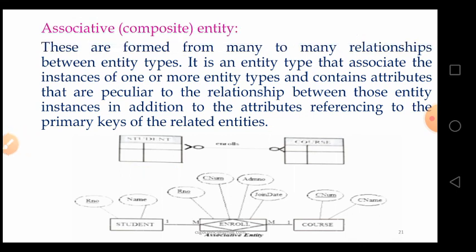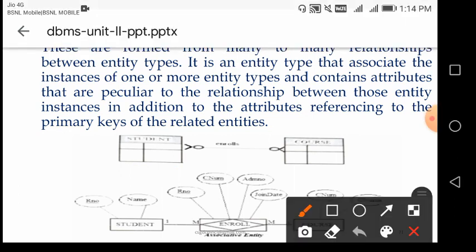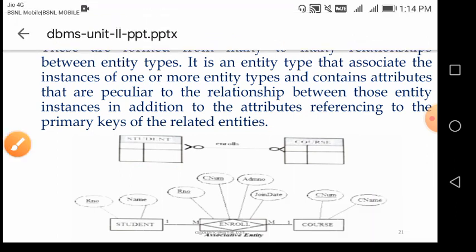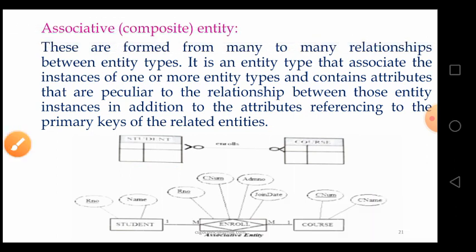Enroll becomes an associate entity with the attributes admission number and joining date, which are peculiar to the relationship.